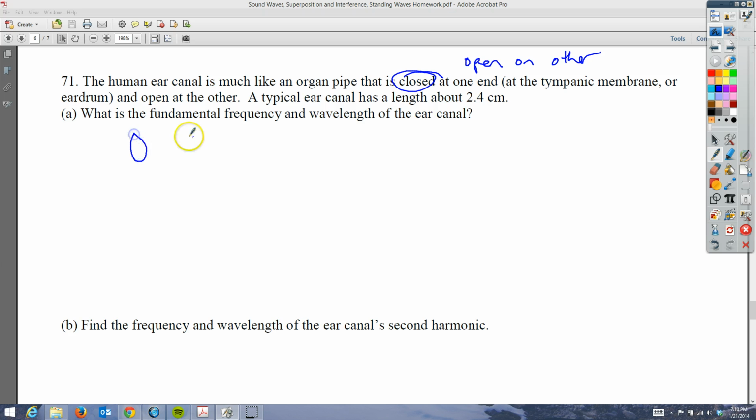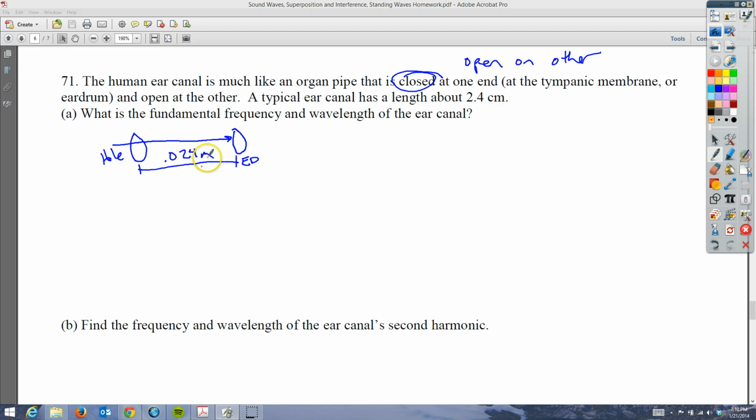So if we think about your ear canal going up to your eardrum, so this is where your eardrum would be. This is the hole in your ear where sound goes in, and then it goes in and hits your eardrum. The distance between the two is about 2.4 centimeters or 0.024 meters. So it's a little bit of a distance.